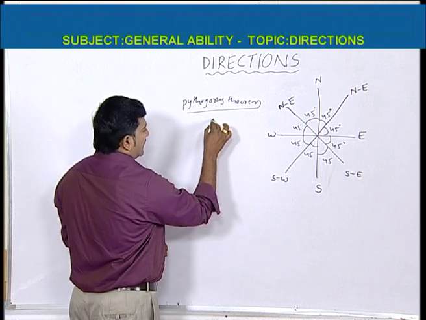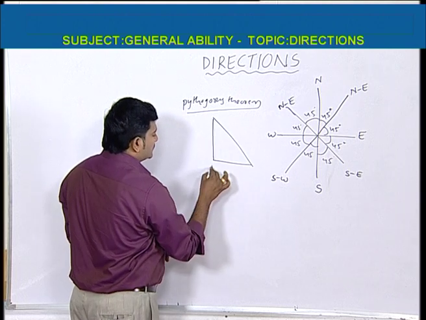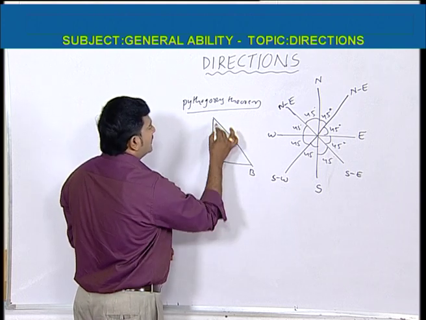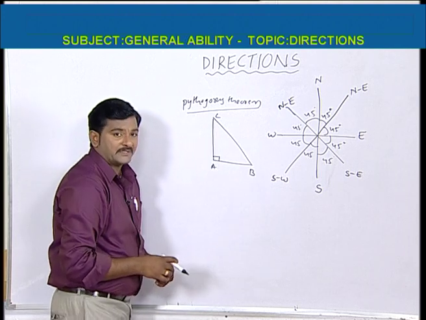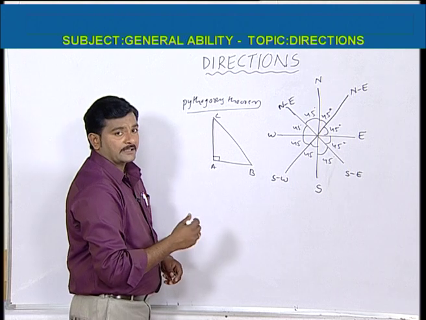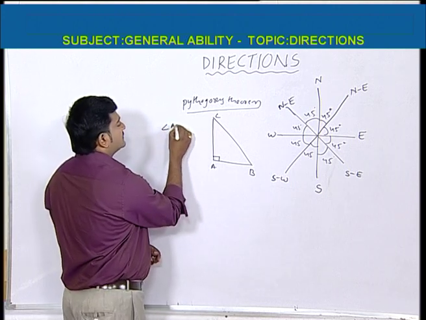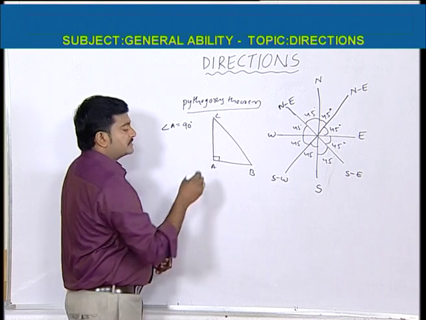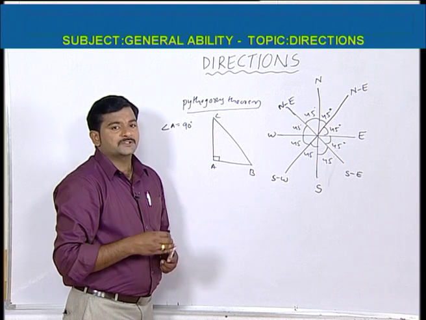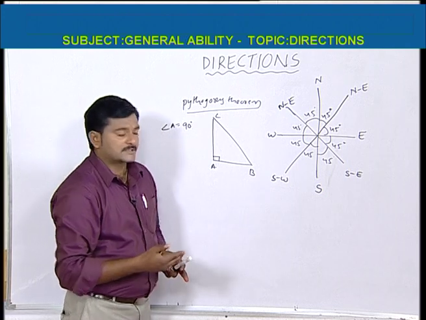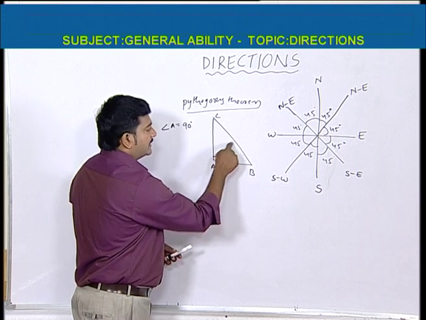Let's say I am taking one right angle triangle. Let's say ABC is the right angle triangle, and the right angle is at capital A. So what does it mean? Here angle A is equal to 90 degrees. Usually in a right angle triangle, the side which is opposite to 90 degrees is called the hypotenuse.